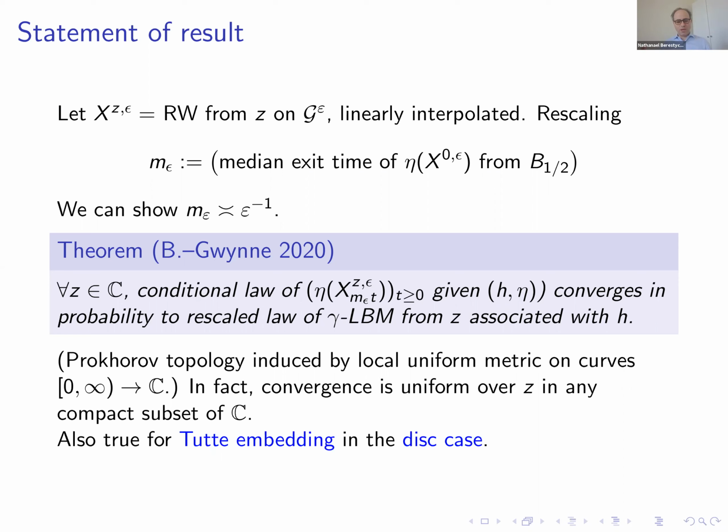And the theorem, let's say in the disk case, says that in both cases, the position of the random walk, as epsilon tends to 0, will converge to gamma Liouville Brownian motion. Okay, and I think if I can do it for Tutte embedding, you should not be surprised that I can do it quenched with the SLE embedding. Does that answer your question, Ofer? Yes, it does. Thank you.